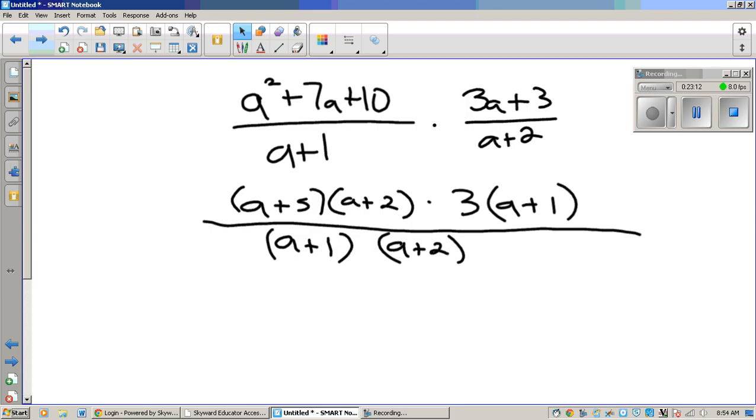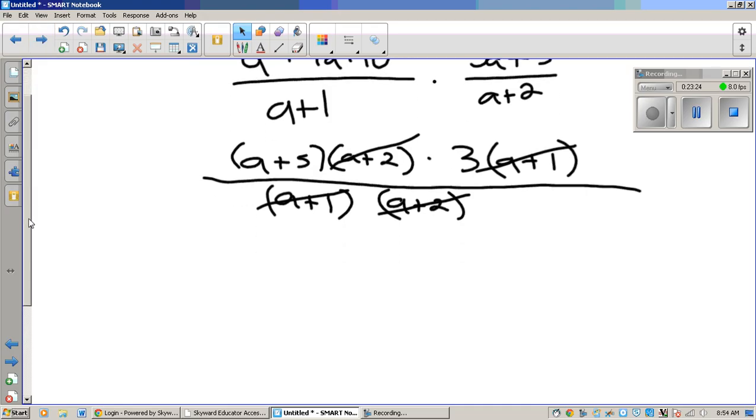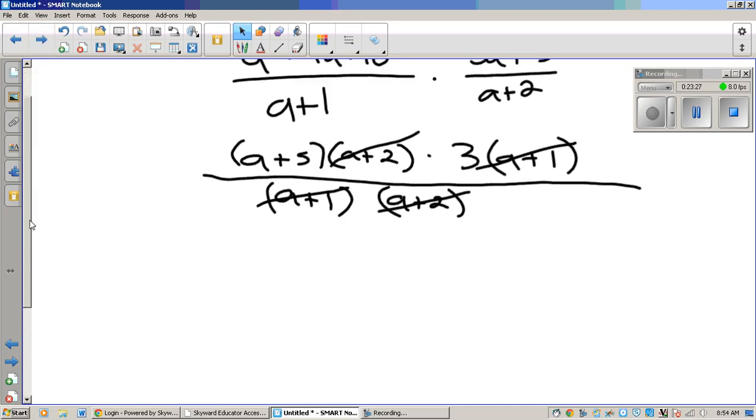So now I can start to simplify. A plus 1, a plus 1, a plus 2, a plus 2. So what I'm left with is a plus 5 times 3 over, what do you think it's over? 1. Okay, or you don't even have to write that 1.